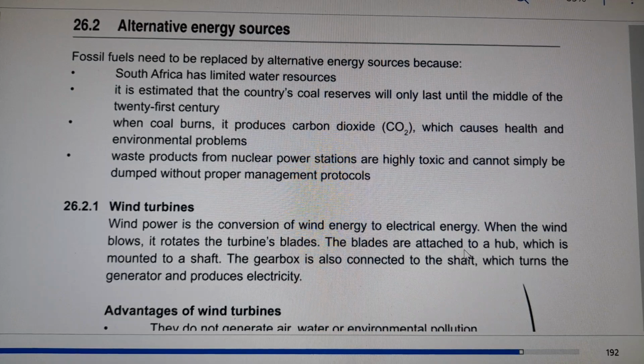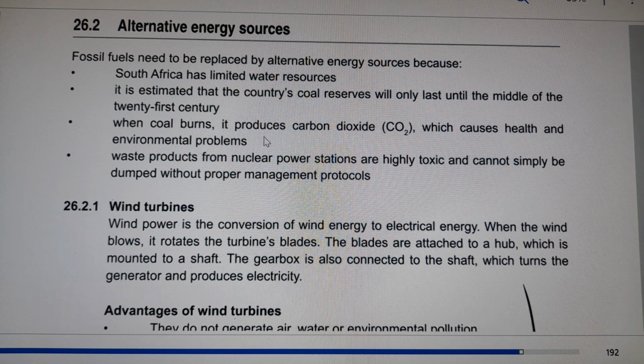Now let's look at what other alternative energy sources we have. They say fossil fuels need to be replaced by alternative energy sources because South Africa has limited water resources. For example, it is estimated that the country's coal reserve will only last until the middle of the 21st century.